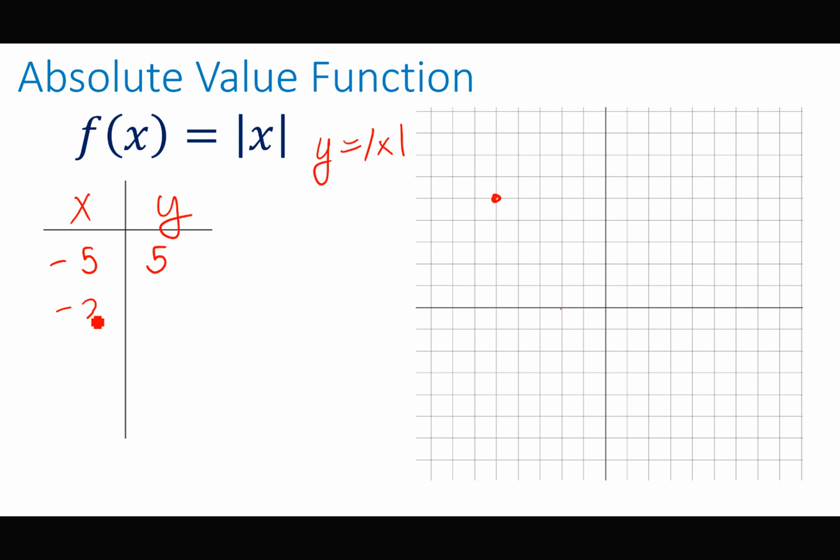I could do -2, and that would become +2. 0 would get me an output of 0. So on the quiz, most of you got points like this, and then you connected those with a line and extended it down into this first quadrant here. Like I said, probably at least 90% of you did that.